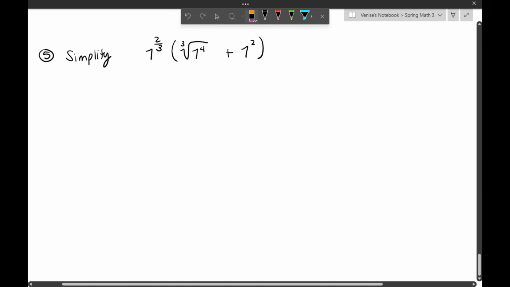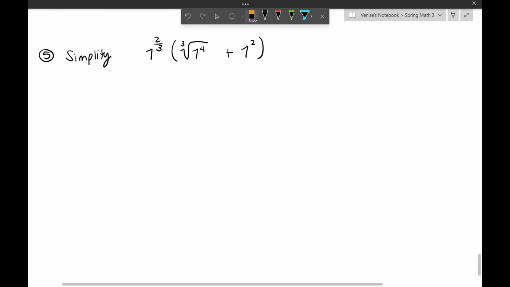Okay, so I want to simplify this. We've already talked about distributing with radicals and rational exponents. The way we learned this was by multiplying with radicals. First things first, I want to change this into a radical.